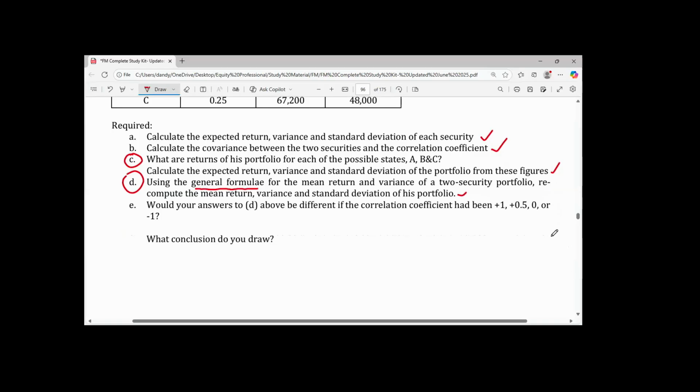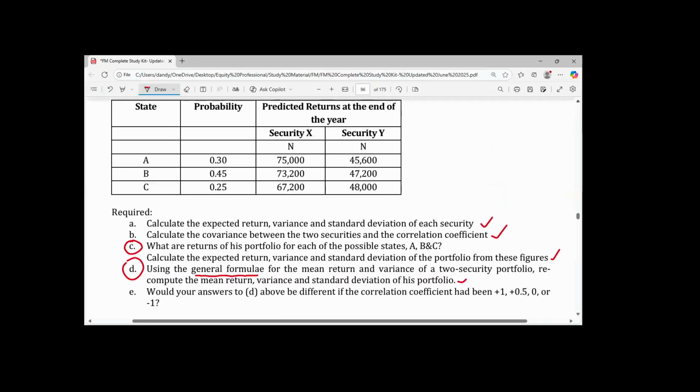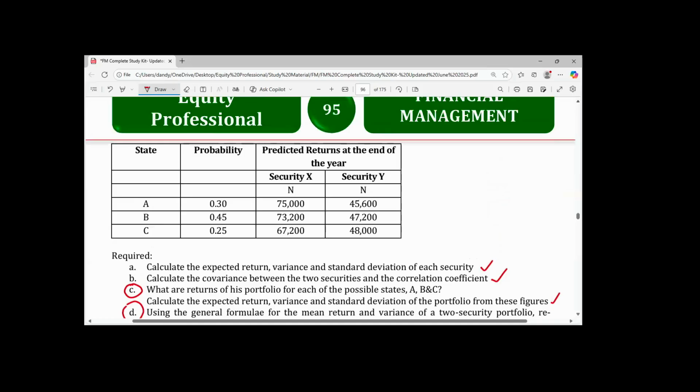The first one says you should calculate the expected return, variance, and standard deviation of each security. So to solve this question, first thing first, when you look at your probability, you will notice that for security X and Y, you are given the same probability.